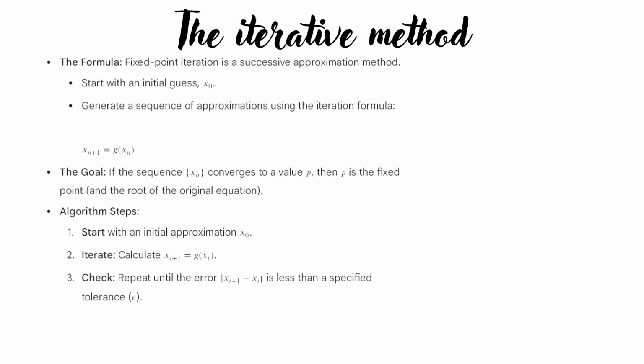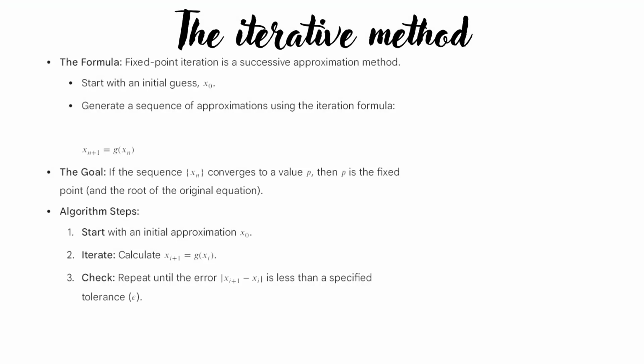The formula is simple: x_{k+1} equals g(x_k). We start with an initial guess x0 and generate the sequence of approximations using this formula. The goal is that the sequence x_k converges to a value p, then p is the fixed point and the root of the original equation.